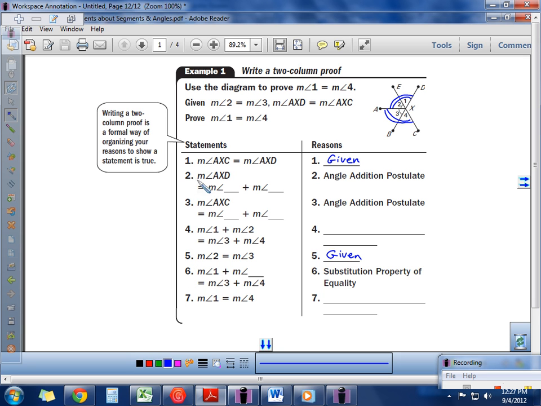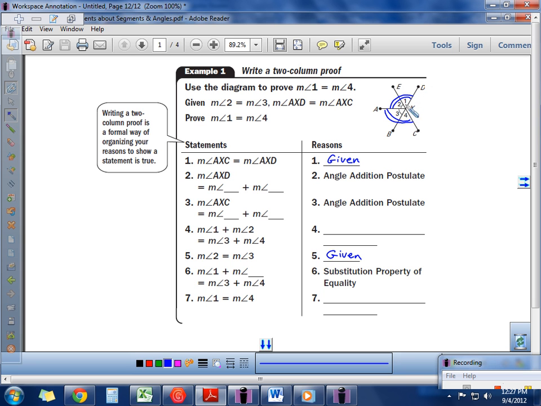The first one says AXD equals 2 angles added together, and it tells us to use angle addition postulate. Angle addition postulate, if you don't remember, is represented by the phrase part plus part equals whole. So what 2 parts should I add up to make AXD?